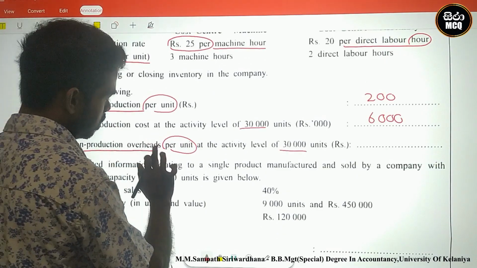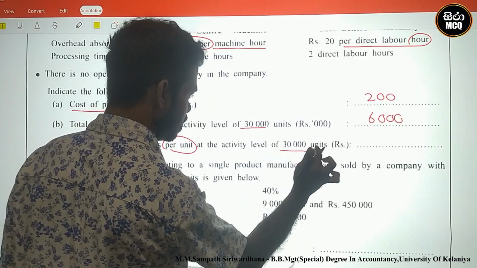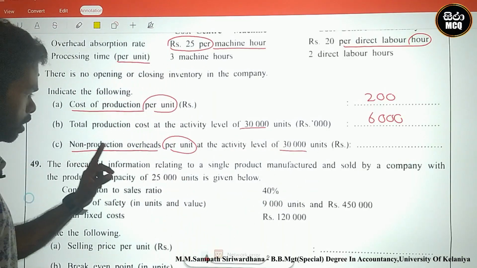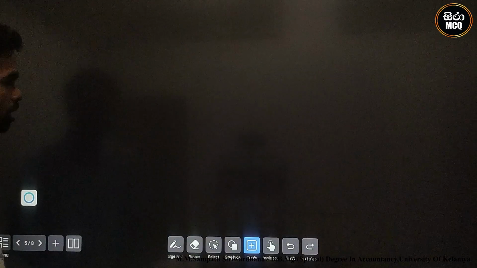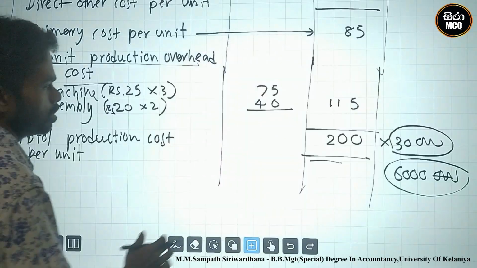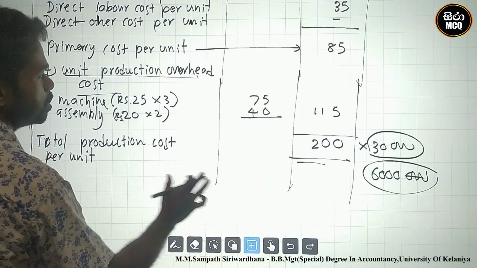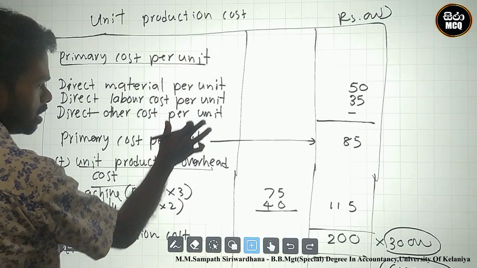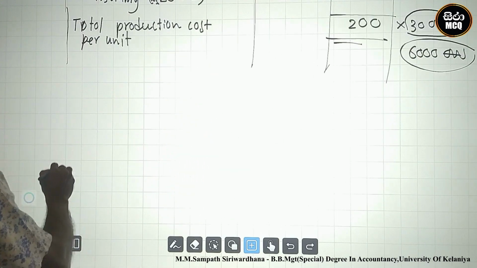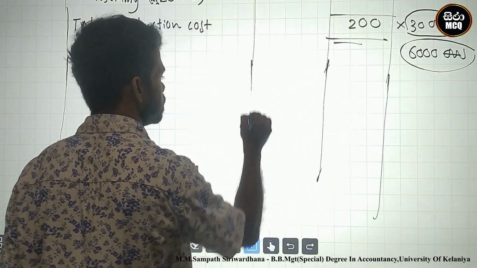Look here, non-production overhead cost, non-production overhead per unit at the activity level of 30,000 units. Non-production overhead per unit, no, per unit. Okay, look here, I used this production cost formula. This is the production cost, no, this is the production cost per unit. Okay, after that I prepare this final effect of this.